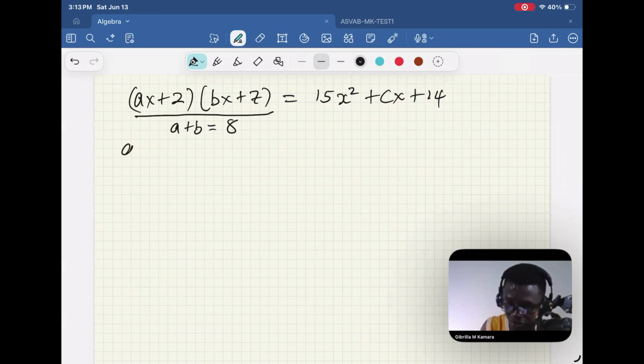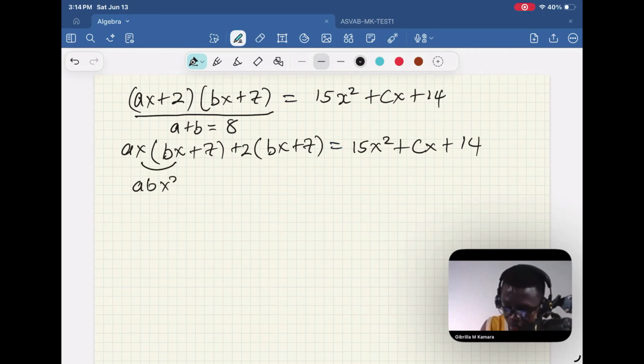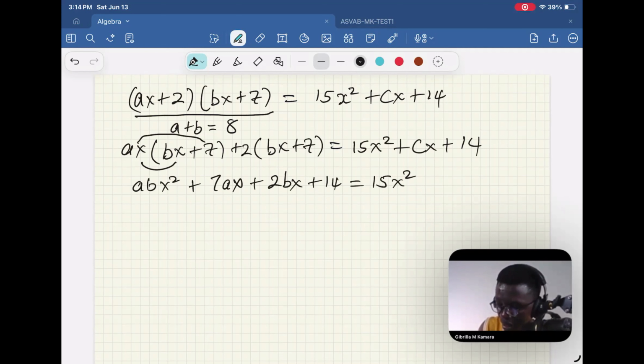So this becomes ax(bx + 7) + 2(bx + 7) = 15x² + cx + 14. So this and this gives you abx², then 7ax, then 2 multiplied by bx gives you 2bx, plus 2 times 7 gives you 14.